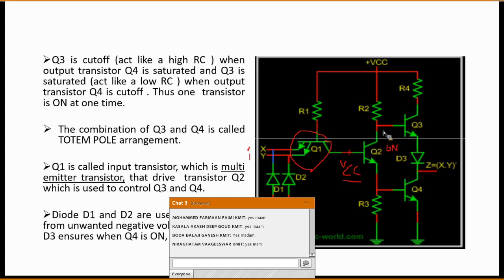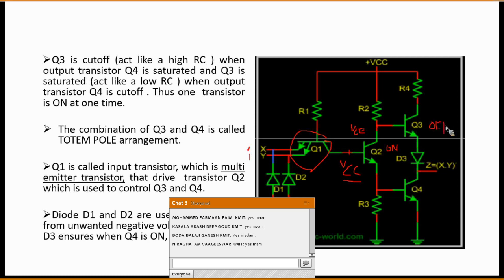If Q2 is on, then its collector will be VCE sat, which means 0.3 volts. So 0.3 volts is driving the base of Q3. This 0.3 is less than 0.7 volts, which is required to turn Q3 on. So Q3 will be in off state.